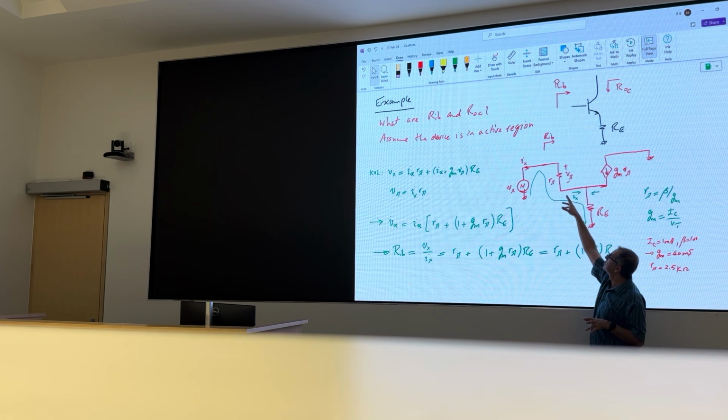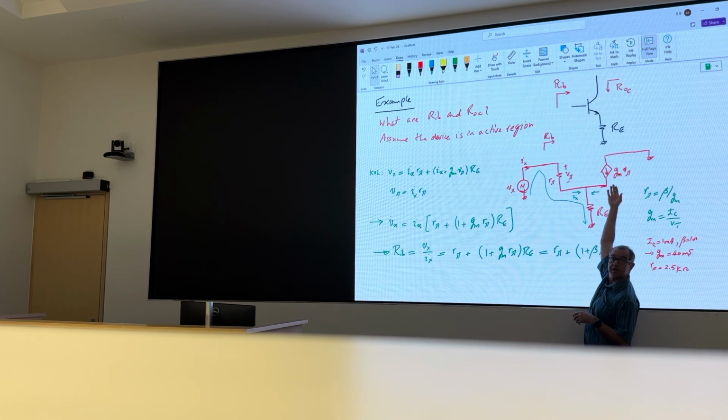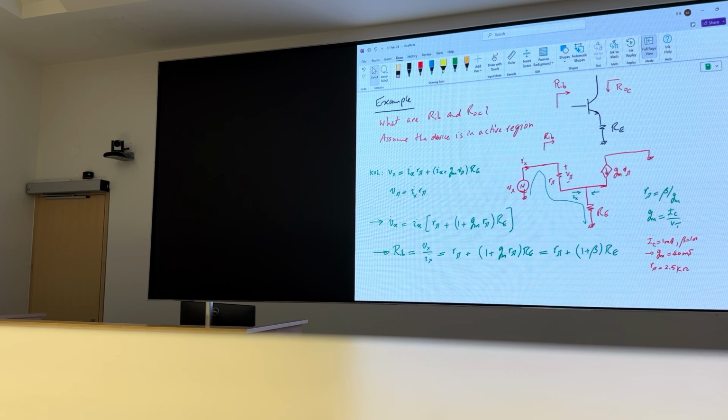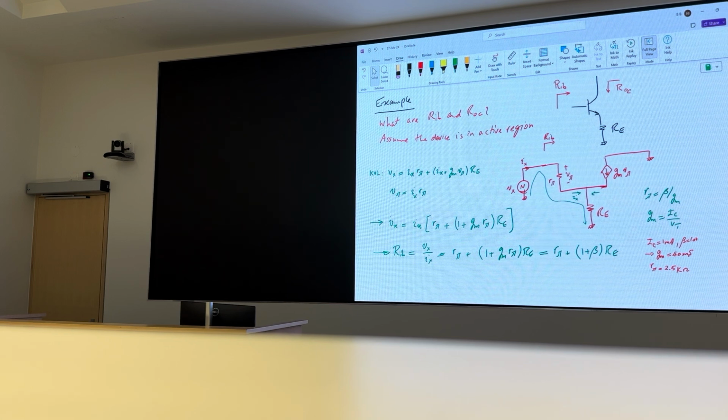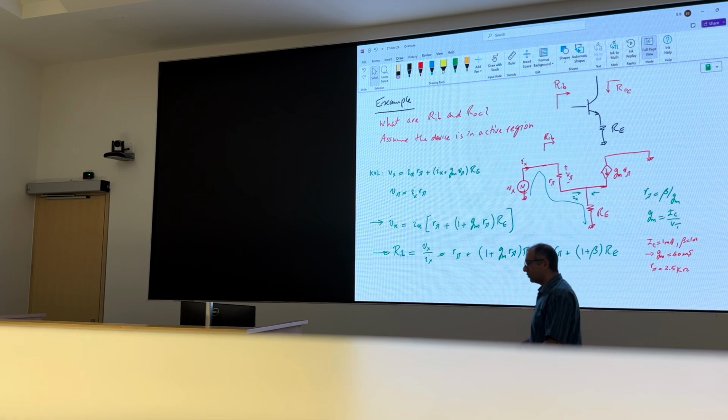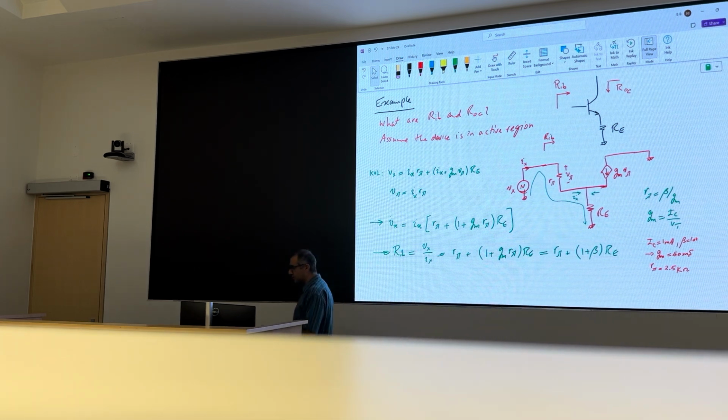But the current doesn't come from the source. The current comes from this other source that we have in your circuit, right? So this is great. If you want to play with your input resistance, please go to whatever limit. Choose whatever RE you want to get whatever input resistance you want. Within reason, right? Hopefully, you're reasonable.